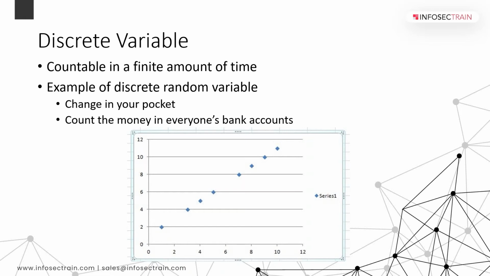Discrete random variables are countable in a finite amount of time, meaning we can count them. Like in this scatter plot, you will see that there are points, and we can count these points. So this is a scatter plot of a discrete random variable.